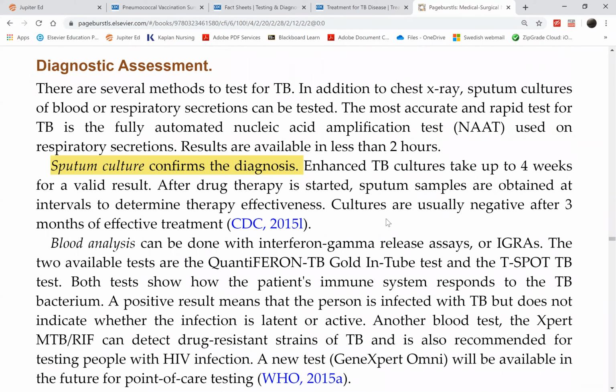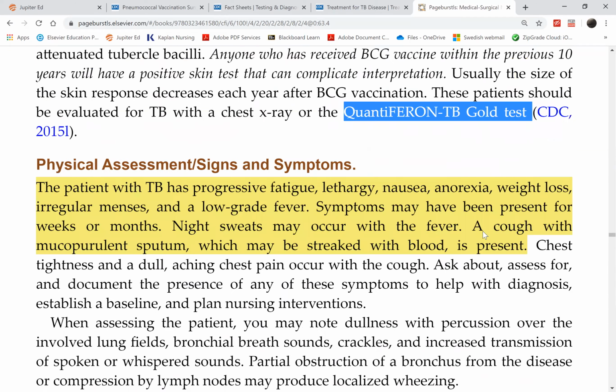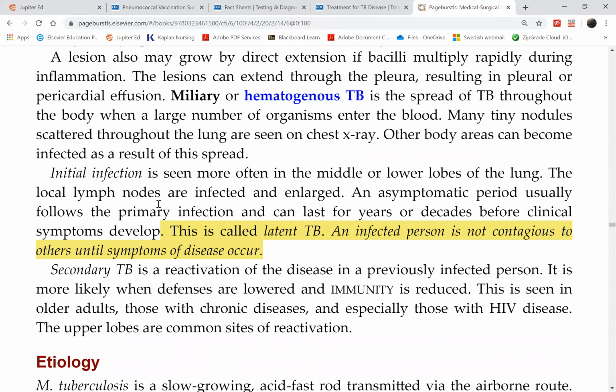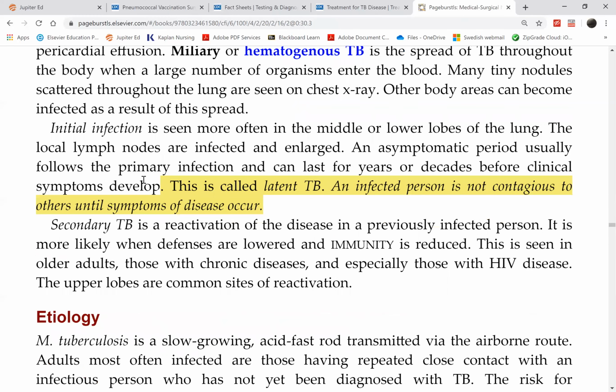The only way we can confirm a diagnosis of active TB is, of course, a sputum culture. Again, there are two forms of TB. We have initial infection, and then we have secondary TB. For initial infection, you can either become symptomatic, wherein you have the signs and symptoms of the cough, the blood in the sputum, weight loss, fever, chills, night sweats, or you can be asymptomatic for the longest time.